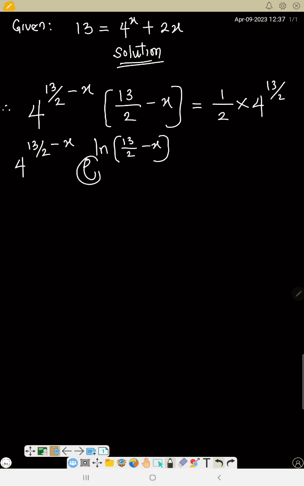So this e raised to power ln 13/2 minus x is the same thing as ordinary 13/2 minus x, like I showed just now. So this is 1/2 times 4 raised to power 13/2.